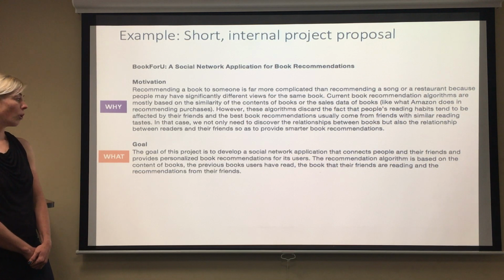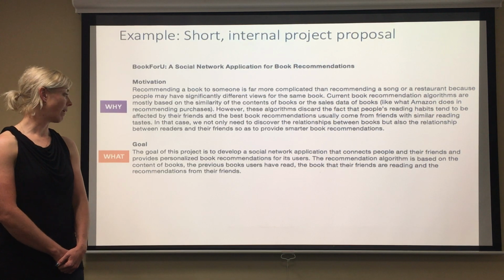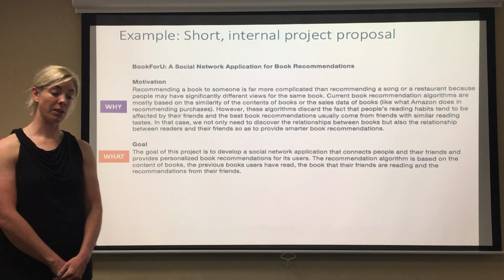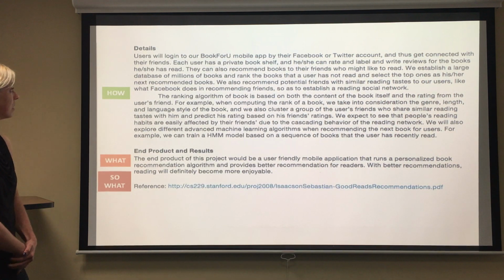Goal. The goal of this project is to develop a social network application that connects people and their friends and provides personalized book recommendations for its users. The recommendation algorithm is based on the content of books, the previous books users have read, the books that their friends are reading, and the recommendations from their friends. Details.